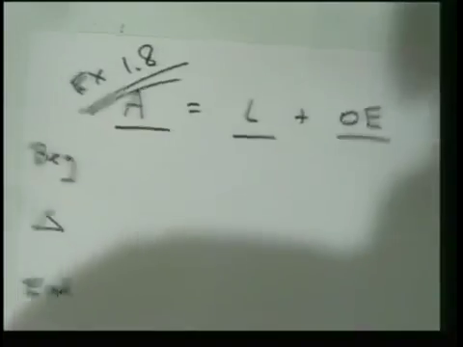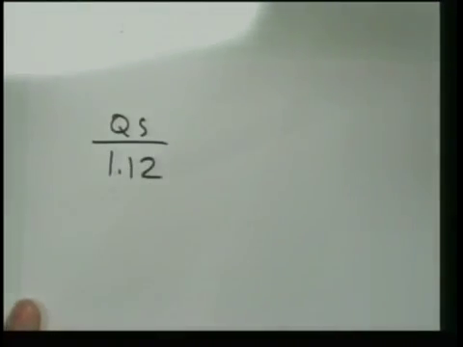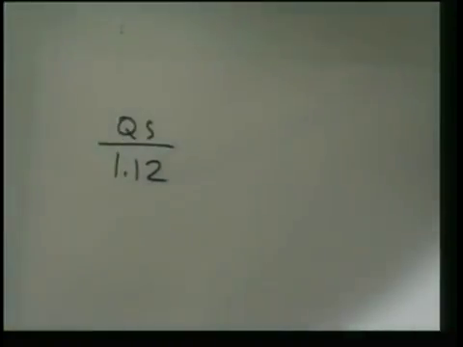Okay? All right, let's talk about what your homework is going to be. What I want you to do for next time is quick study 1-12. And I guarantee you will have a test question like that.